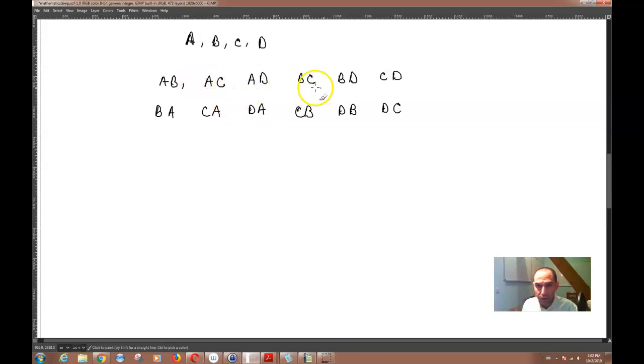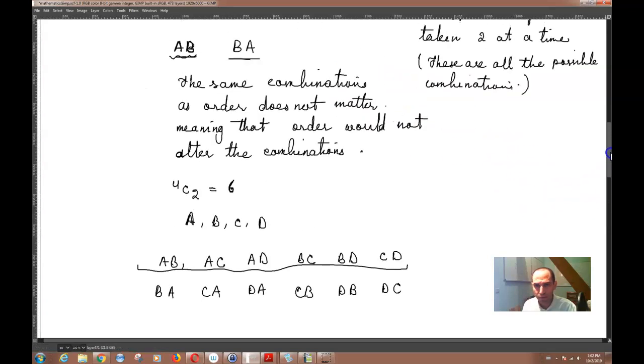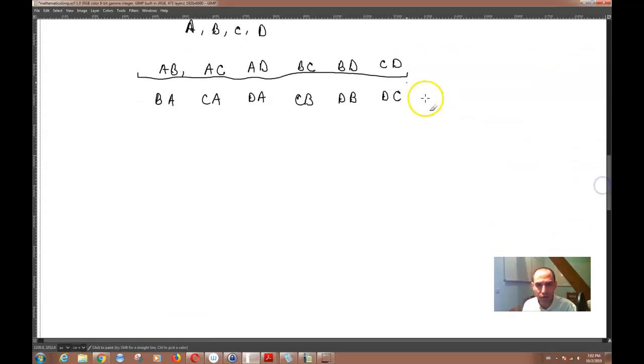So as you can see, over here I have the same number of combinations: A with B, A with C, A with D, BC, BD, and CD. And over here we had 6 combinations.